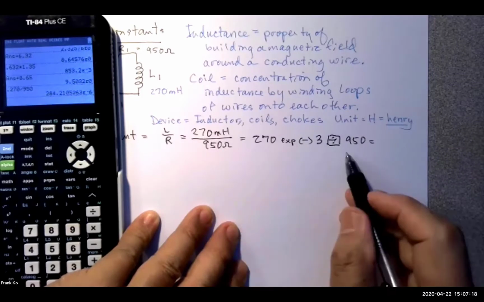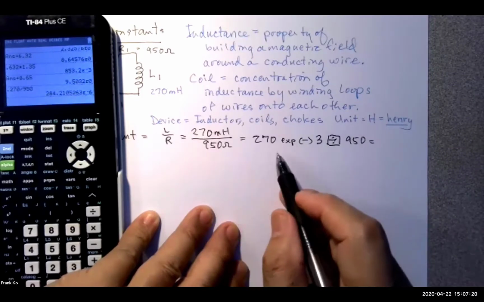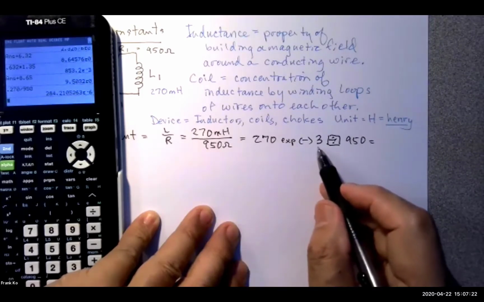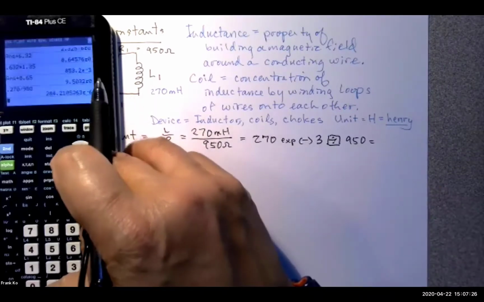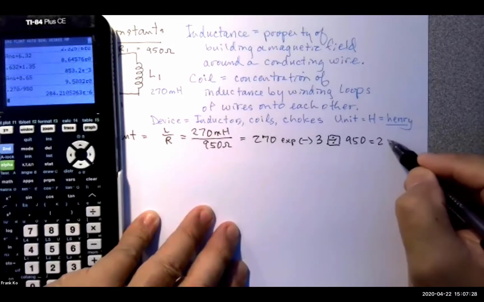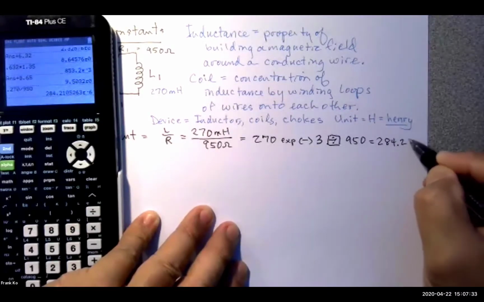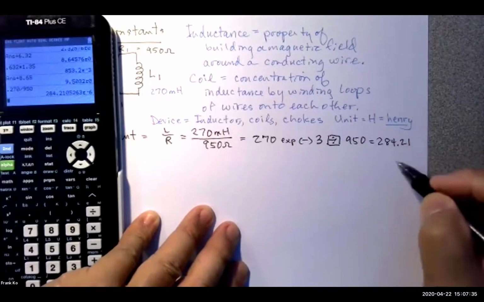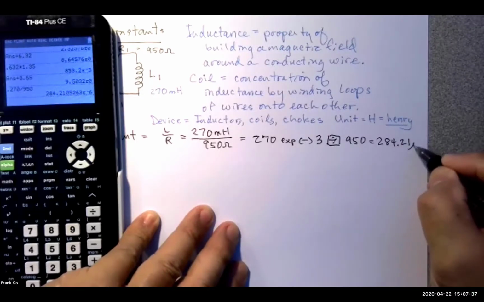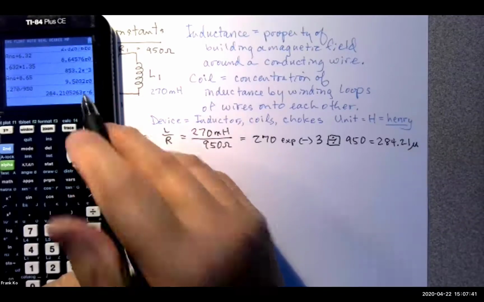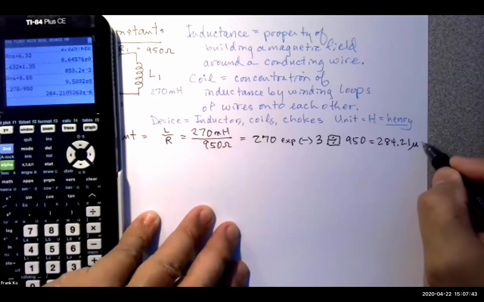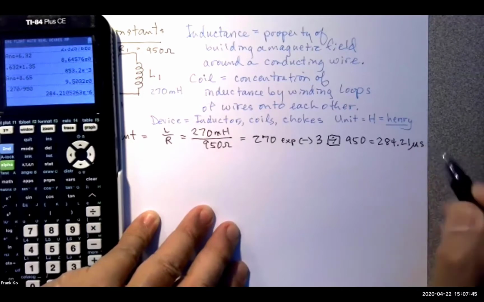So I wrote down here, and if you follow this, 270 exponent negative 3 for milli, divide by 950, you should end up with 284.21, and the units are micro, because it's a 10 exponent negative 6 on the calculator, and time is measured in seconds. That's what you should have.